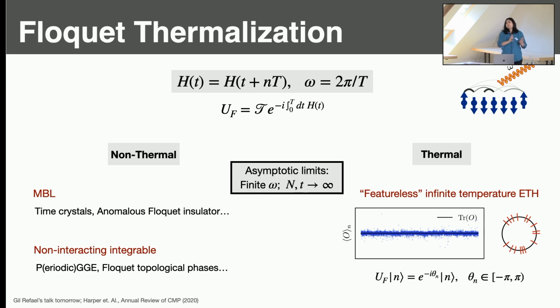But all of this understanding is working in an asymptotic limit where you consider a finite driving frequency, and you take the limits of infinitely large system sizes and infinitely large times, okay? And this distinction between thermalizing Floquet systems and many-body localized or integrable Floquet systems is sharp in this limit, and then you can use these limits to define dynamical phases of matter, okay?